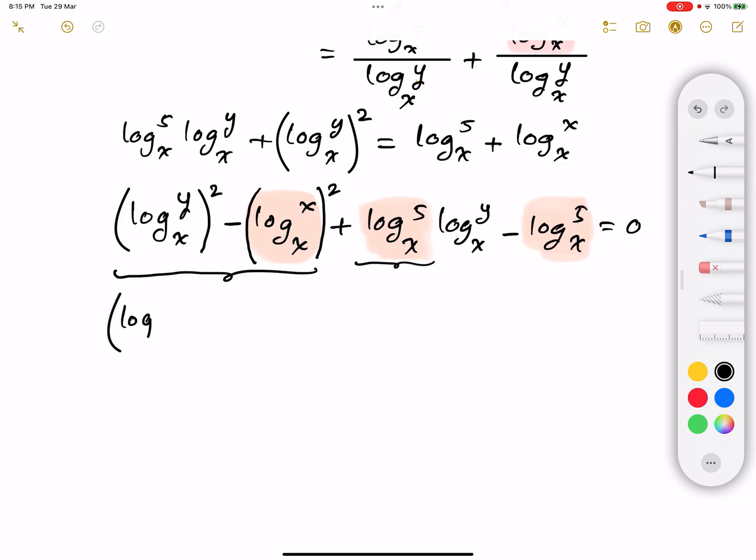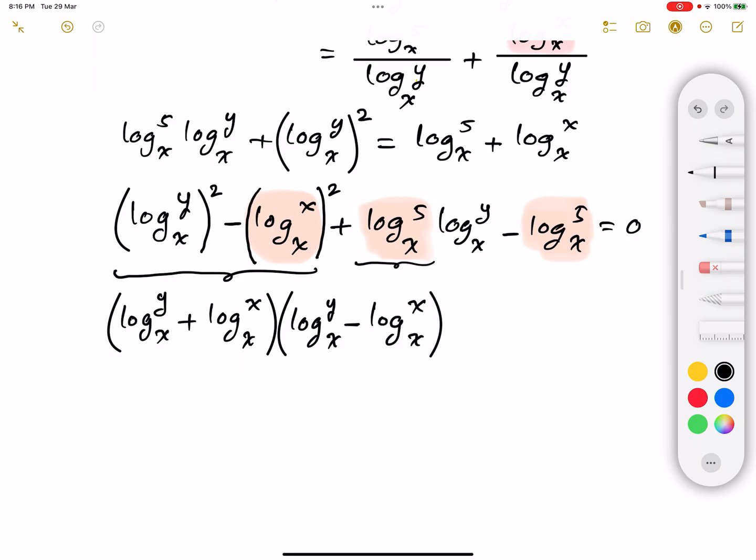First of all, this is going to be equal to the logarithm of 5 base x plus logarithm of x base x, multiplied by, of course, the logarithm of y base x minus logarithm of x base x.